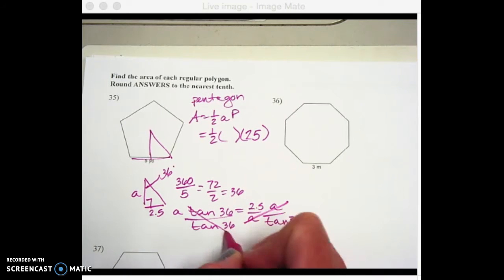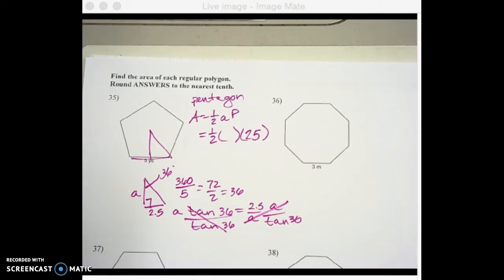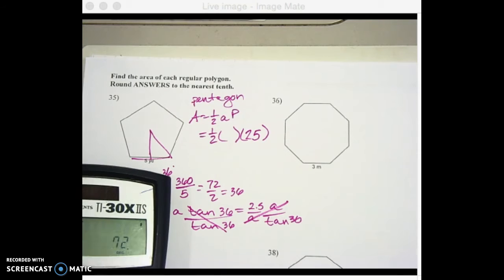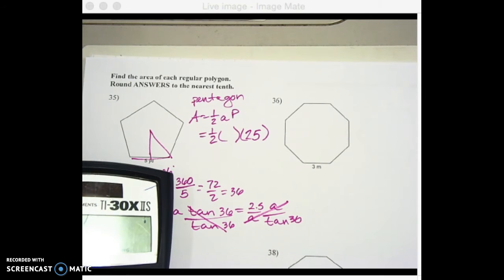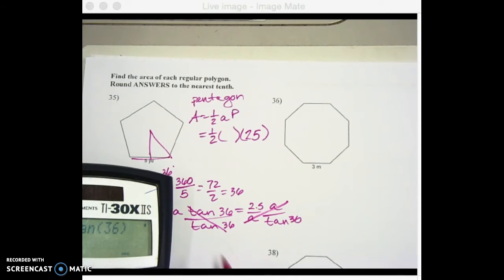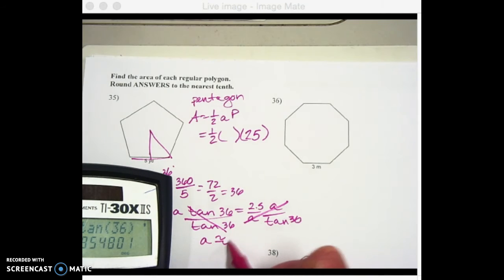These cancel, so we're going to type 2.5 divided by the tangent of 36 into the calculator. Hit the equal sign, and that apothem is going to be roughly 3.4.